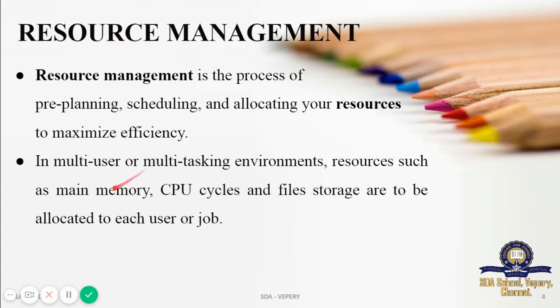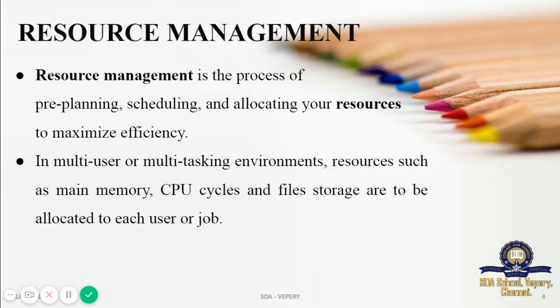Have you understood? In multi-user or multitasking environments, whatever we do is actually multitasking. I want to type a document, take a printout, and save some file in my folder. All these tasks are called multitasking. In multitasking environments, all these tasks are stored in the same memory, which is called main memory.